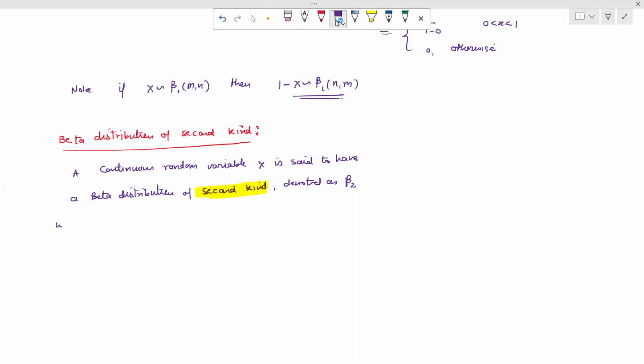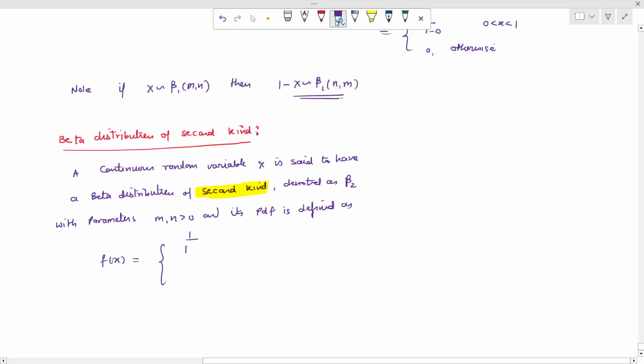with the same parameters. We have m and n, both are positive, and its PDF is defined as f of x is equal to 1 upon beta(m, n) into x raised to the power m minus 1 upon 1 plus x raised to the power m plus n.